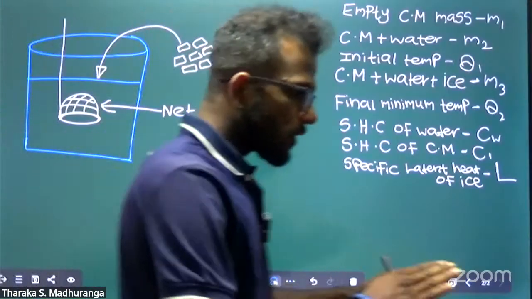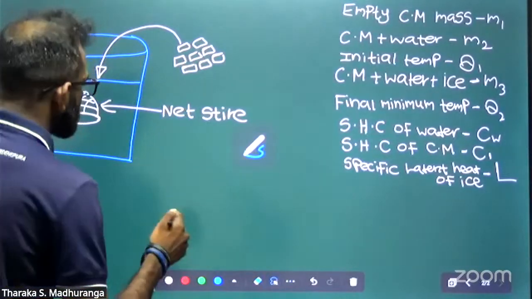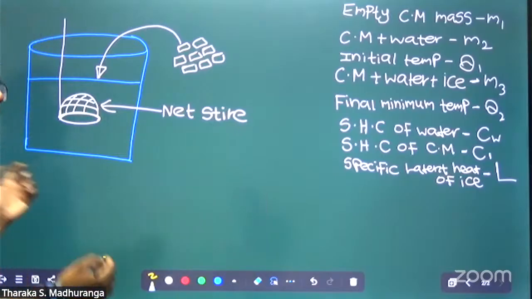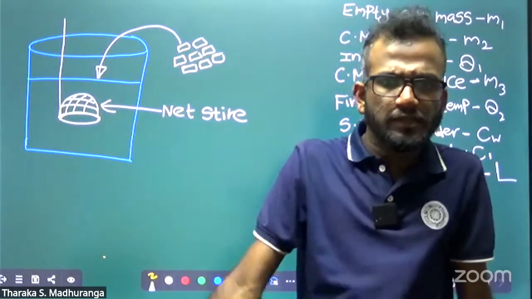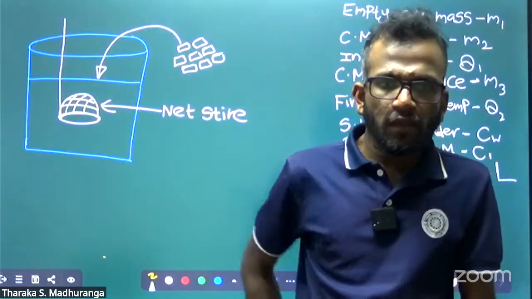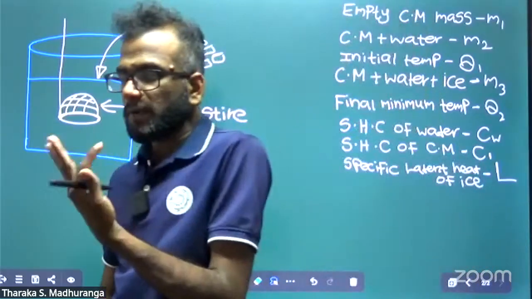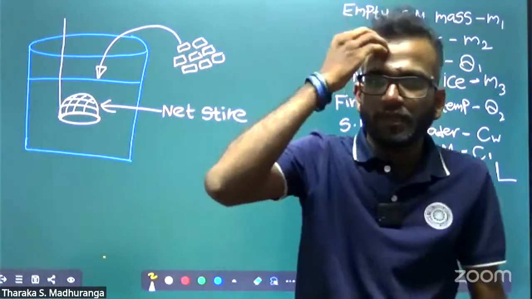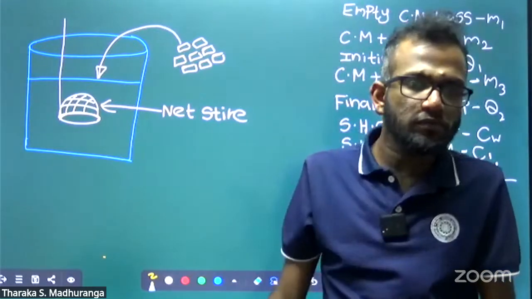What is my first step? First of all, I need to decide what happened inside this container. Which one is releasing heat, ice or water? It is not like the previous experiment where we added a heated metal cube. Now it is an ice cube. Normally the ice temperature is 0.